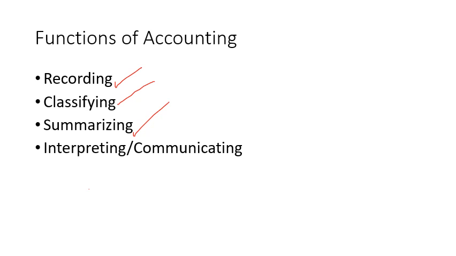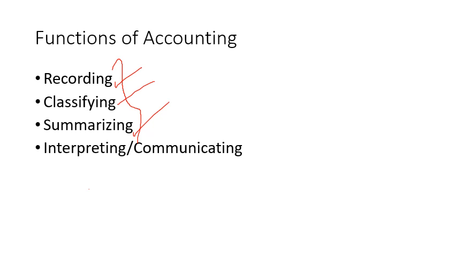In the previous sessions, we have completed all these three stages: recorded, classified and summarized. Now we need to communicate all these data to the interested parties. So now we are on the fourth function, interpreting or communicating the results of the business to the interested parties.